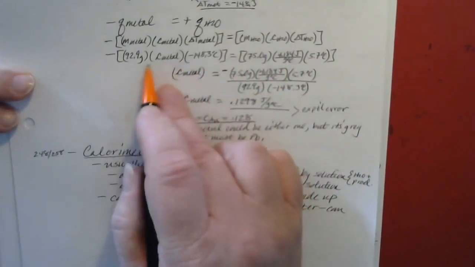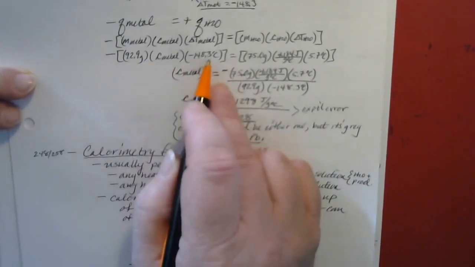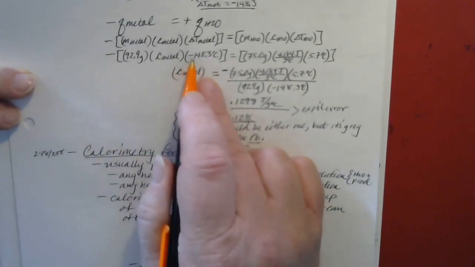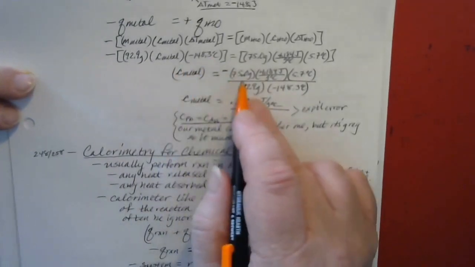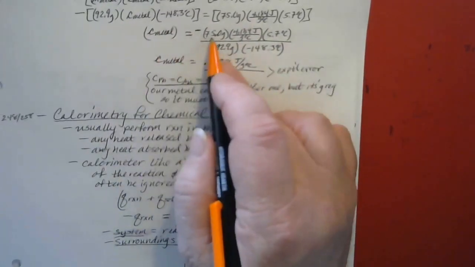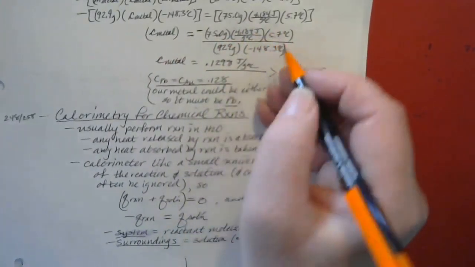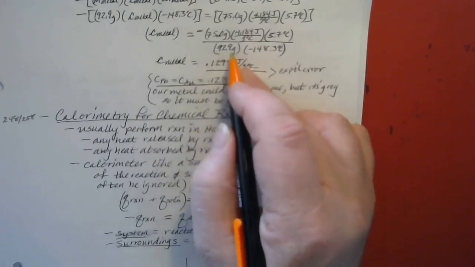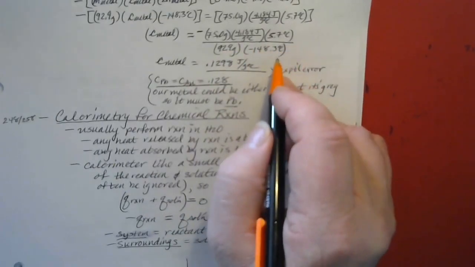Since the specific heat of the metal is the unknown on the left-hand side, you would divide both sides by everything else on the left-hand side, which would be negative 92.9 grams times negative 148.3. So the negative comes over on the right-hand side, and we end up with specific heat of the metal being equal to negative 75 grams times 4.184 joules per gram degree Celsius times 5.7 degrees Celsius over 92.9 grams times negative 148.3 degrees Celsius.